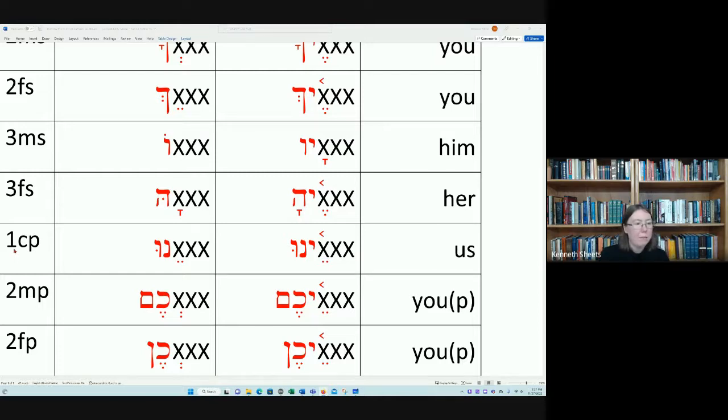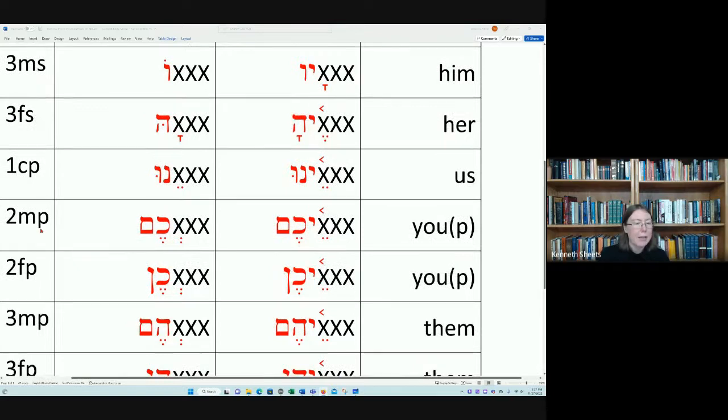Then we also have first common plural, anu, us. Second masculine plural, akem, you. Second feminine plural, aken, you. Notice that the only difference between the second masculine plural and the second feminine plural is the presence of the noon at the end of the suffix.